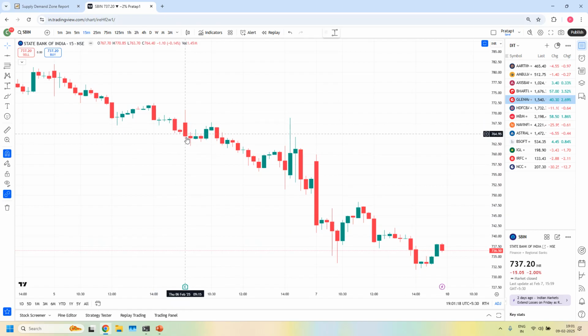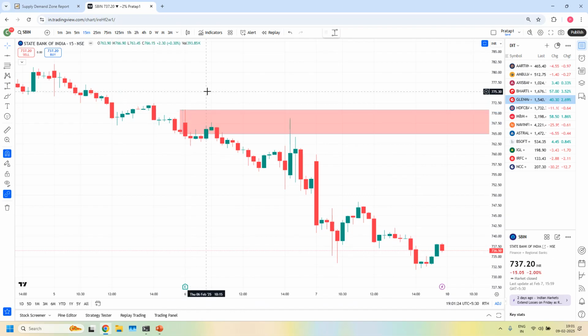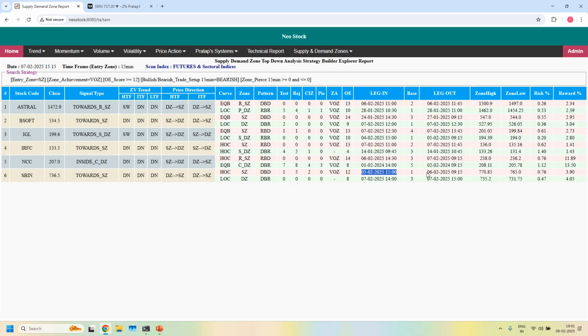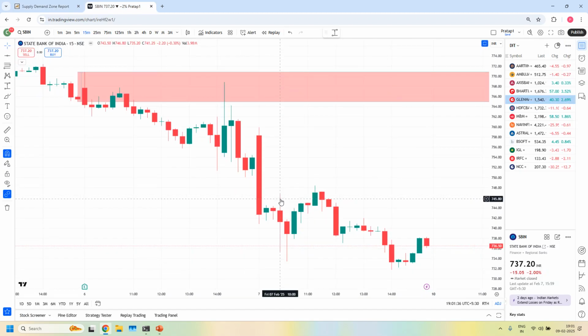This is the one, drop, base, drop. 6th February 9:15 was the leg out, yes. And this is already tested 5 times. First, second, third, fourth, fifth, okay.